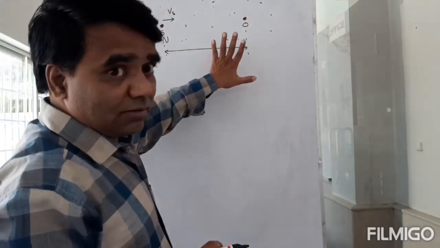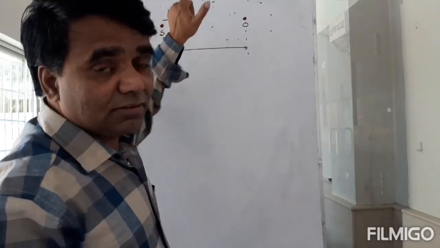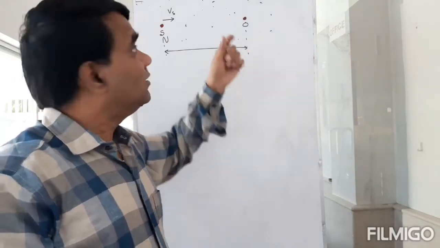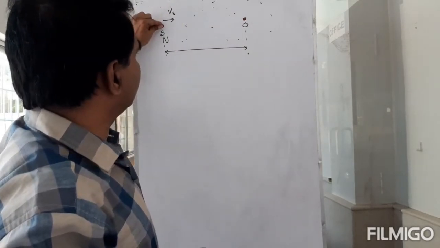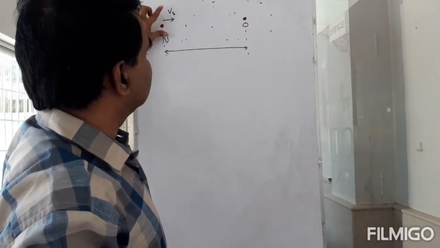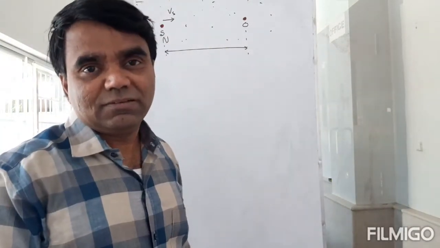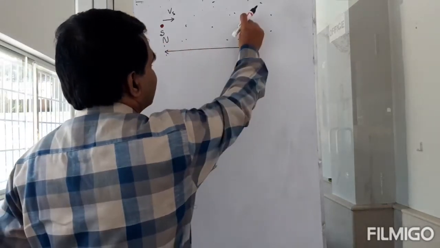And how will it travel? It will travel not with this speed, but with the speed of sound in air. Once the sound wave is out of this, then it's going to be the medium which will take over. Right? Because the sound wave will travel in air to reach you.